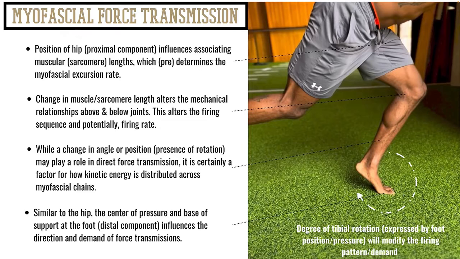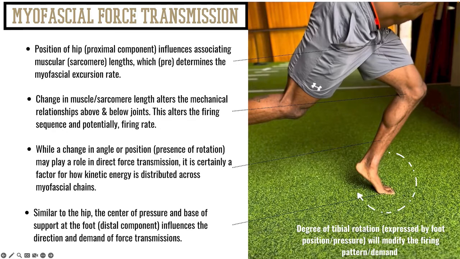So in other words, if we start here by looking at the position of the hip, which in this instance is the proximal component, the amount of trunk bend that we have is going to change the firing pattern or the rate for the thigh muscles.